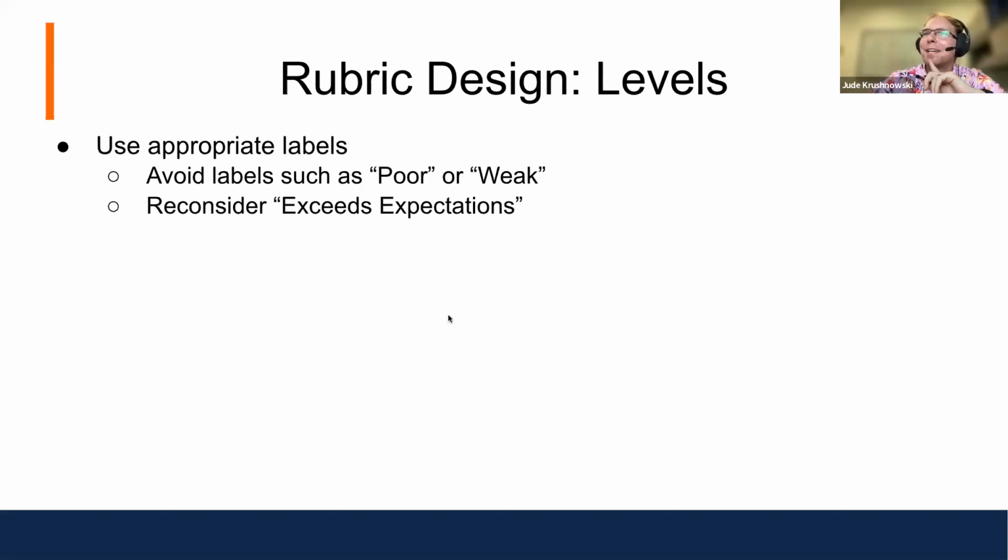But exceeds expectations is something that I think needs to be reconsidered in many rubrics. It ends up being problematic in some ways because we're telling students that we want them to go beyond what they're taught to do, or what we've been teaching them to do, what our goal has been.